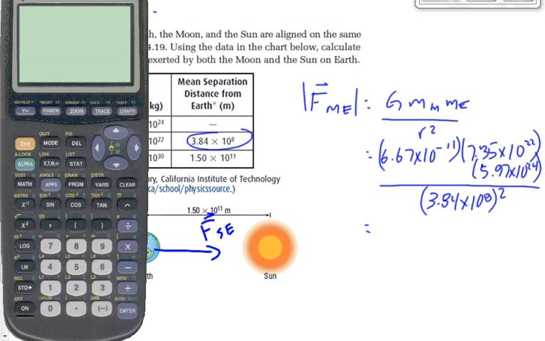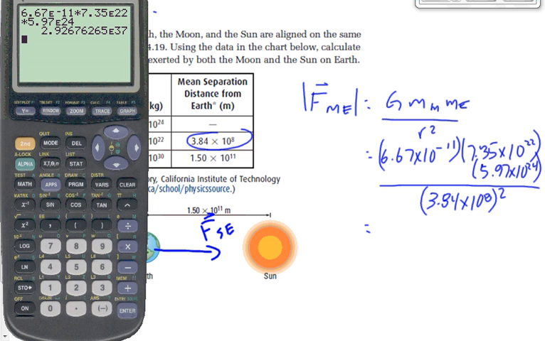Let's get the value for the force of gravity of the Moon on the Earth. 6.67 times 10 to the negative 11 times 7.35. Don't like dealing with all these exponents, but it is what it is. Okay, that's the top number.